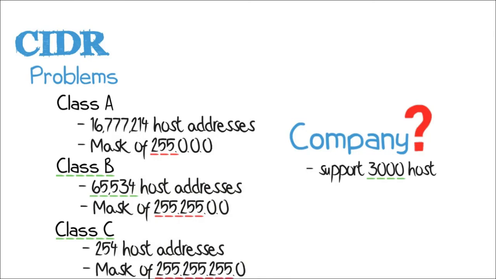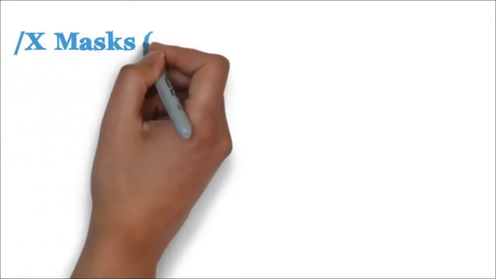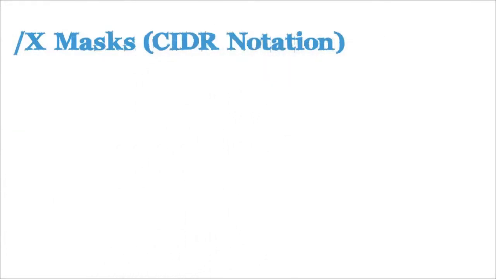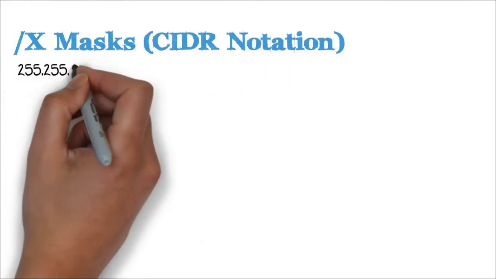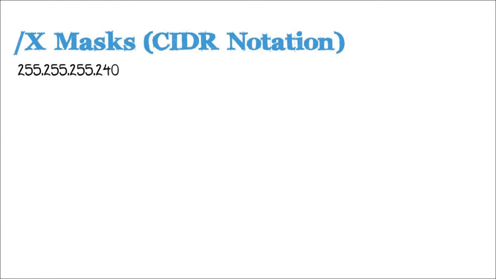Class C, first 24 bits. But rather than doing that, with CIDR, the subnet mask can be somewhere in the middle. It doesn't have to be on the octet boundary. So here's an example. We've got a subnet mask of 255.255.255.240. Notice the fourth octet is not set to 0, but to 240 in this example.